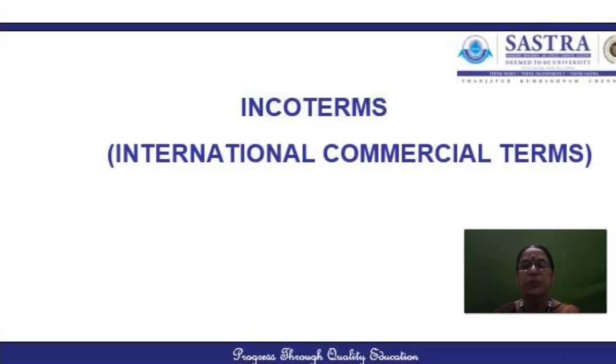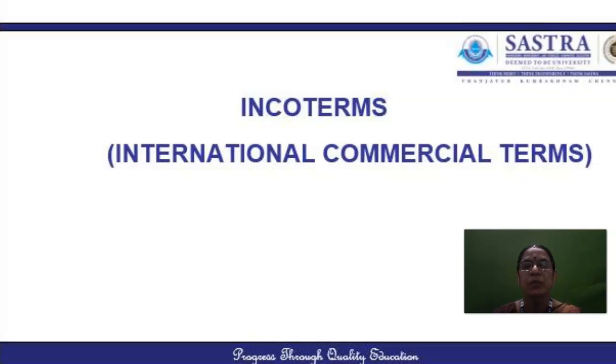CPT, carriage paid to, named place of destination. CIP, carriage and insurance paid to, named place of destination. DAT, delivered at terminal, terminal at port or place of destination. DAP, delivered at place, again a named place of destination. DDP, delivered duty paid, named place of destination.